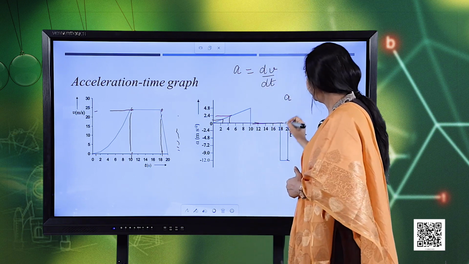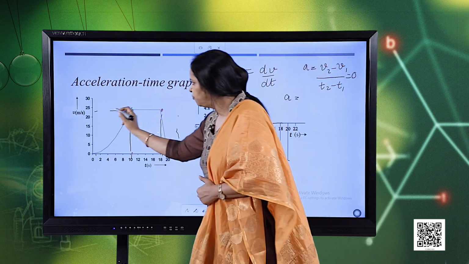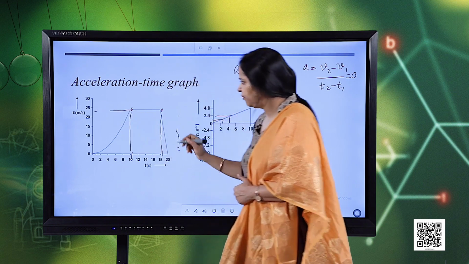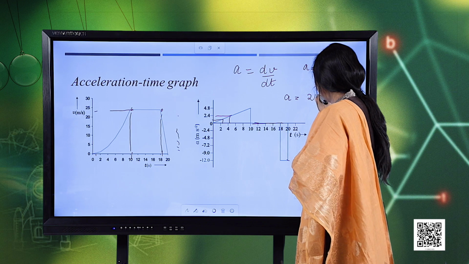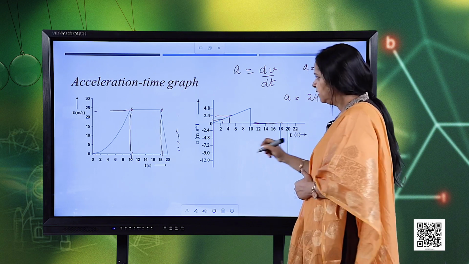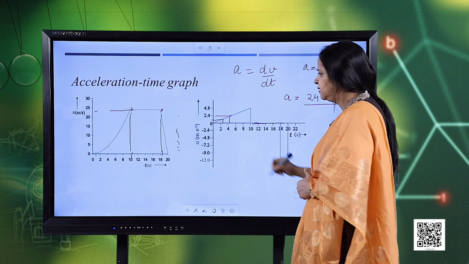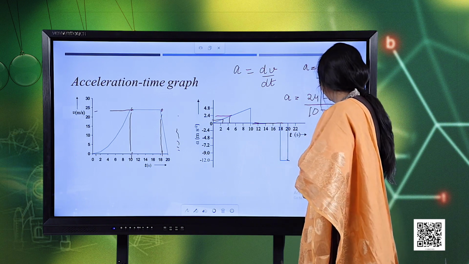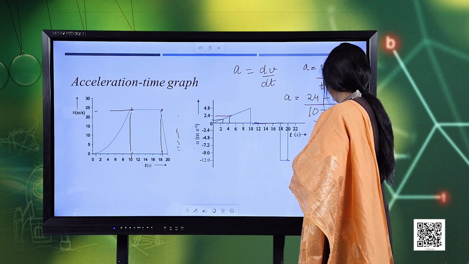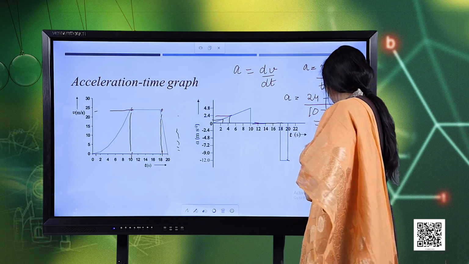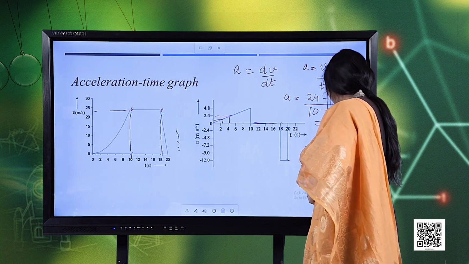The average acceleration between 0 to 10 second will be how much? V2, let us say 24 meter per second if I consider, then 24 minus its initial velocity 0, upon time 10 minus 0. So, we get 24 by 10, that is equal to 2.4 meter per second square.